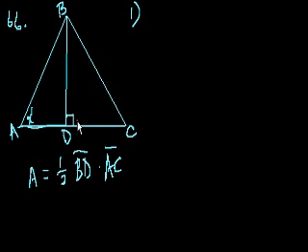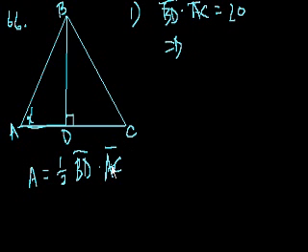Right? Statement number 1, they tell us what BD times AC is. They tell us that BD times AC is equal to 20. So that immediately follows, if this thing is equal to 20, then the area is equal to 10. You didn't even have to figure that out. So statement number 1 by itself is sufficient.